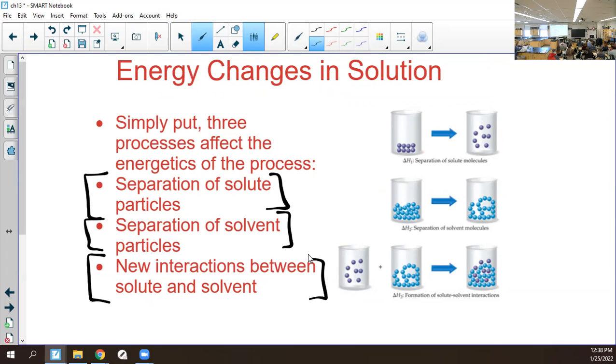So what we're saying is, you put a solid into a liquid. The first thing it's going to do, if it's going to dissolve, is be attracted to the water molecules.